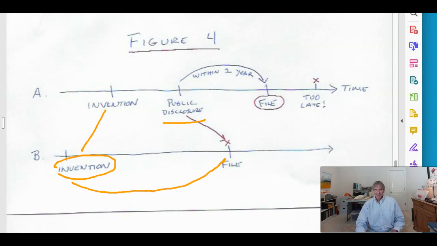This means that B can no longer get a valid patent. A, though, can still get a patent as long as she files within 1 year of her disclosing event. That's what this is about. Oh, of course, if it takes her over a year, then neither of them can get a valid patent.